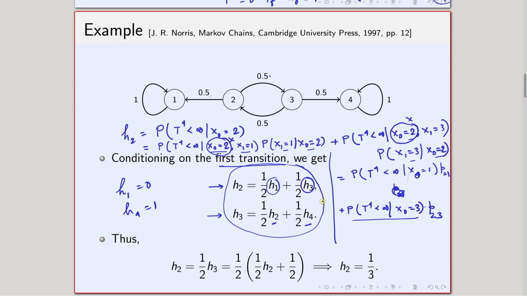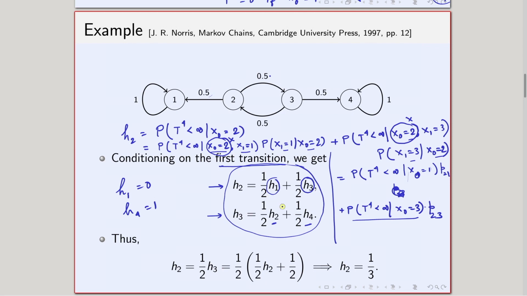Now I have to solve this set of equations, and then I can find the value of H2 as well as H3, and once I have that, I am done. And as our particular aim is to find H2, let us start with the first equation. So H2, as we know that H1 is 0, that term does not contribute anything.